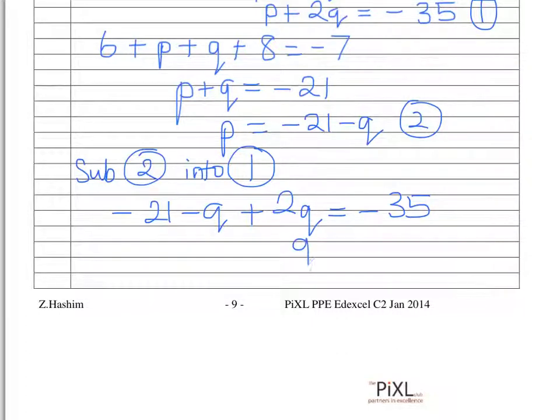Rearrange that and I get q equals minus 14. Then p equals minus 21 minus q, which I worked out earlier. So p equals minus 7. And we found p and q.